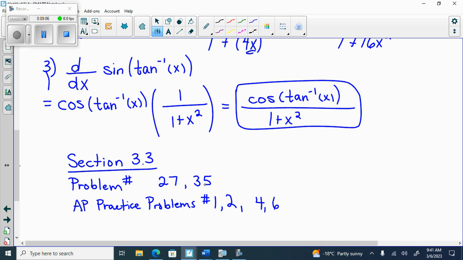And then we'll do 25 and 20, 25, 37. And then I want you to do an implicit with an inverse trig, so I want you to do 44. This is where there's an x and a y mixed, and the inverse trig has a y.